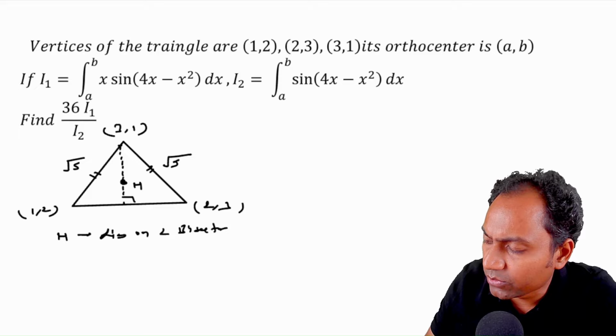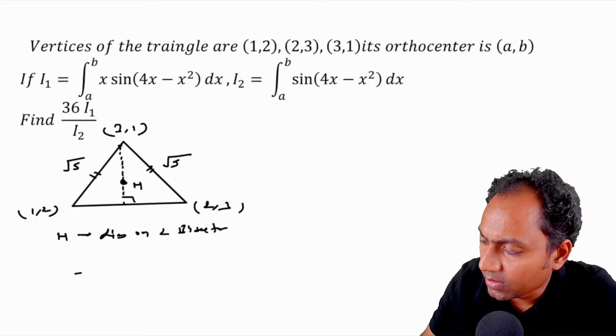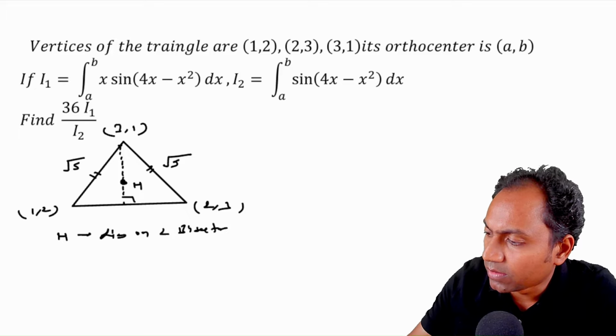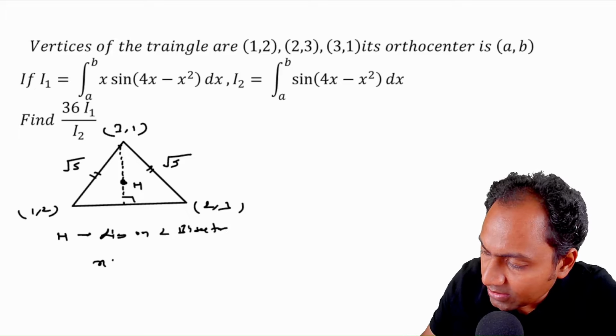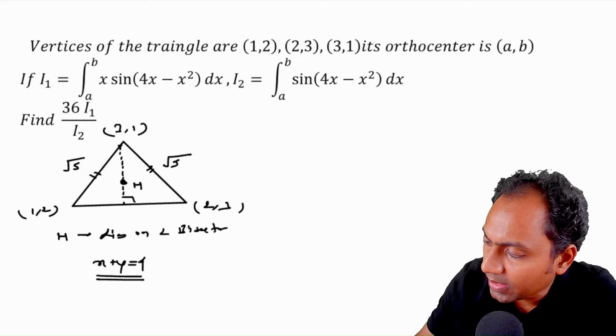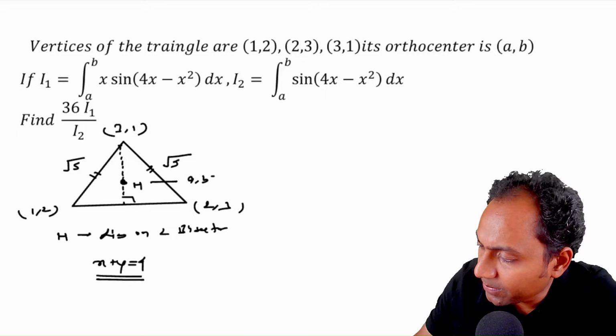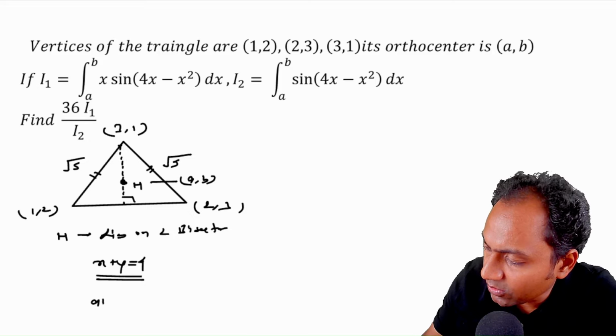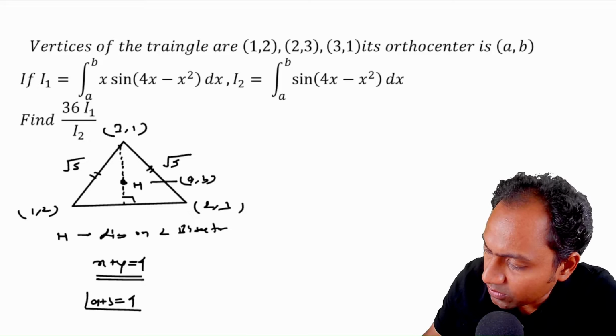I will have to write the equations of the sides. If I do so, the equation of this angle bisector comes out to be x plus y is equal to 4. And since this point (a, b) satisfies it, the value of a plus b comes out to be 4.